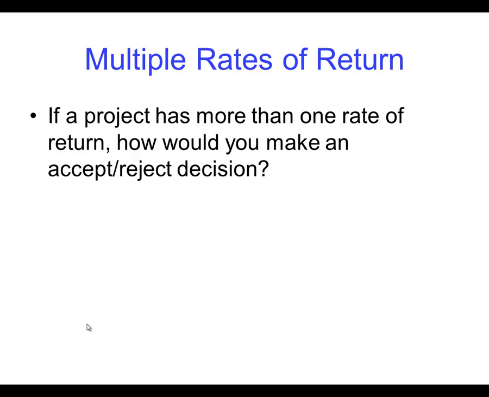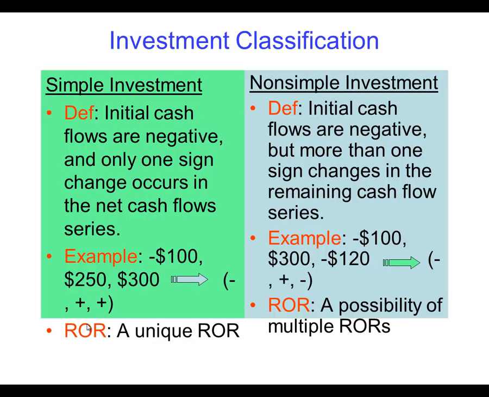What do we mean by multiple rates of return, and how would we make the accept-reject decisions? Let's look at that. For a simple investment, the cash flow starts negative, and only one sign change occurs in the net cash flow series.